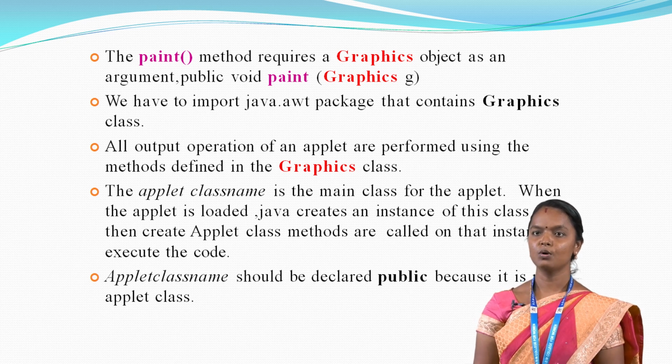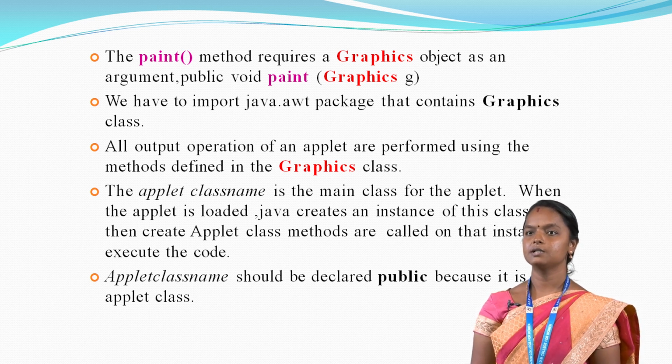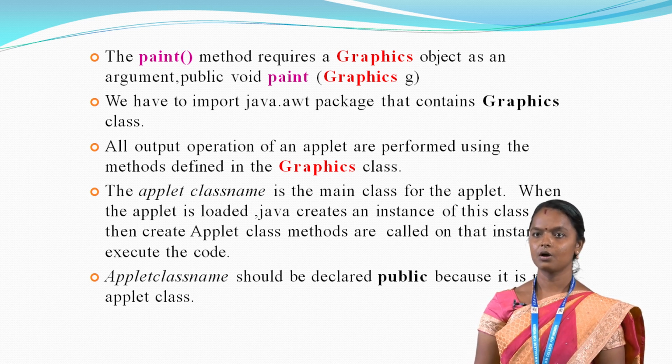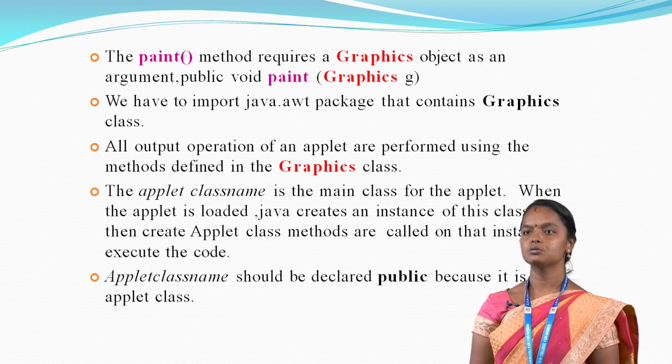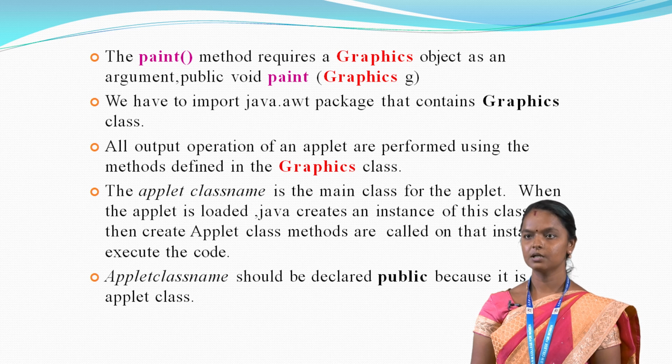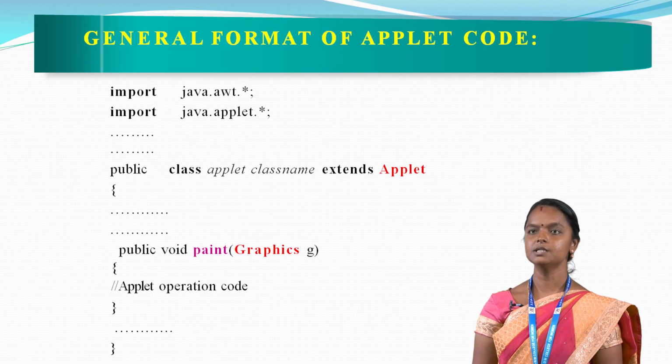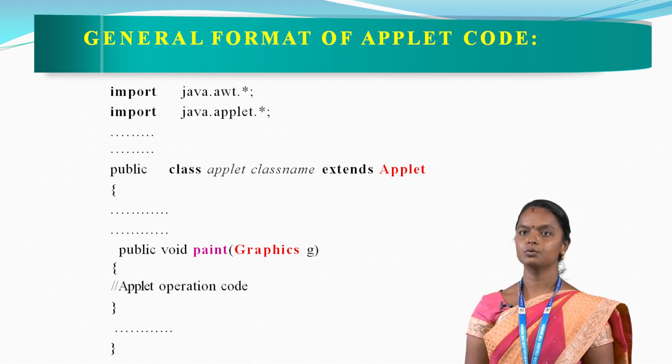When the applet is loaded, Java creates an instance of this class and then the applet class methods are called on that instance to execute the code. The applet class name should be declared public because it is the main applet class. This is the general format of applet code.